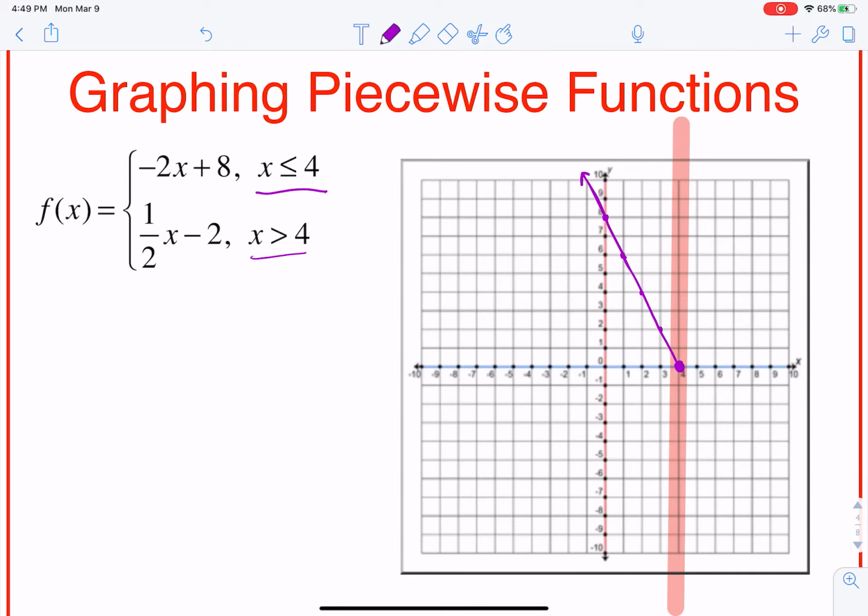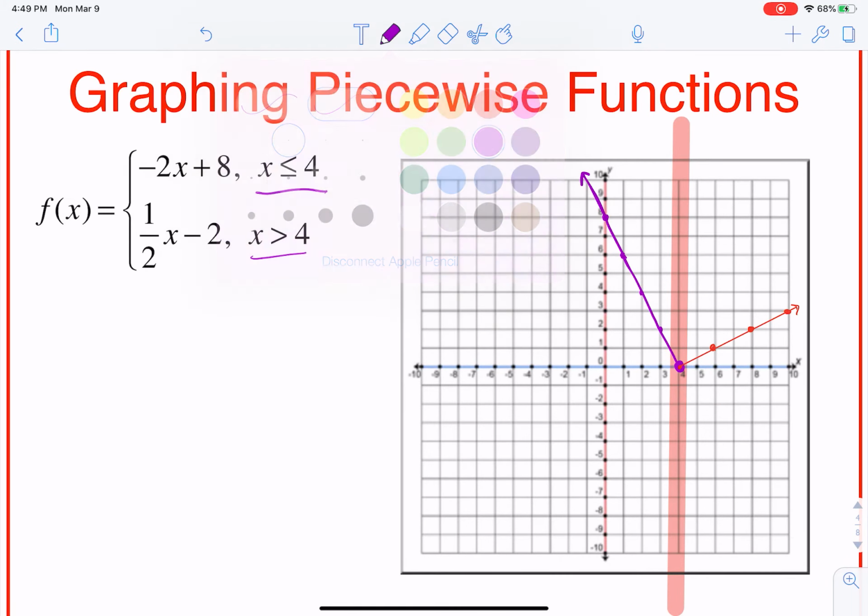So I can come in here, and let's graph this in a different color. Here's my -2. Up 1 over 2, up 1 over 2, up 1 over 2, up 1 over 2. So now what I want to do is connect from here over, and I'll erase all of these pieces.